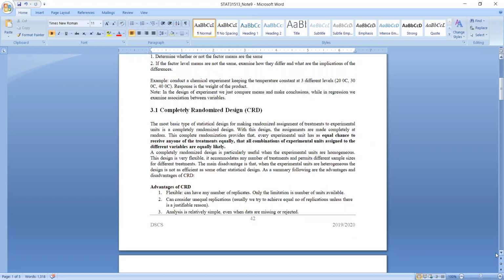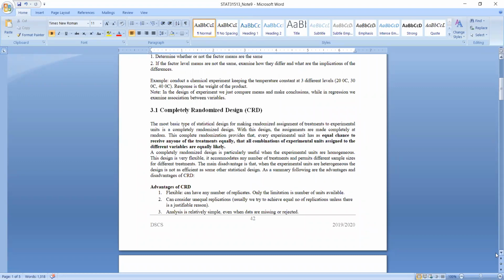So when you are assigning fertilizer 1 to 5 tomato plants, you have to do it in a completely randomized way. That is, any tomato plant out of these 10 should have an equal chance to be assigned fertilizer 1 or 2. Only then can we say it's a completely randomized design.